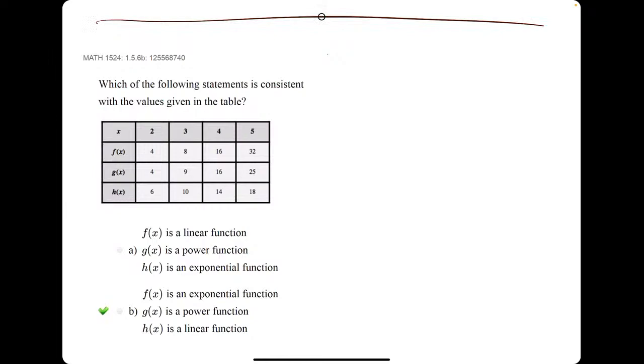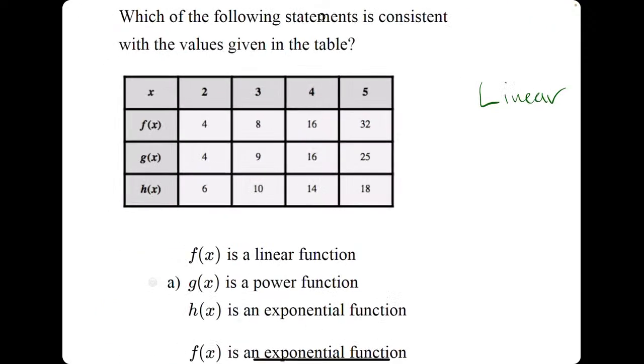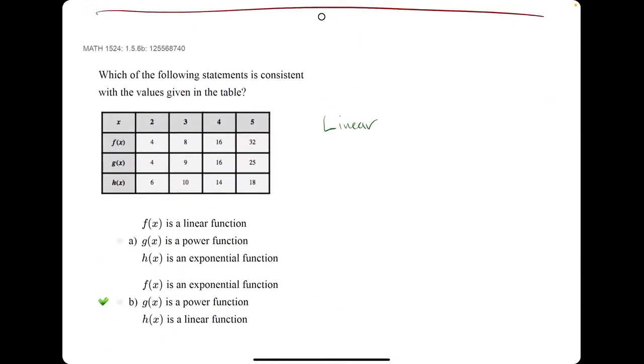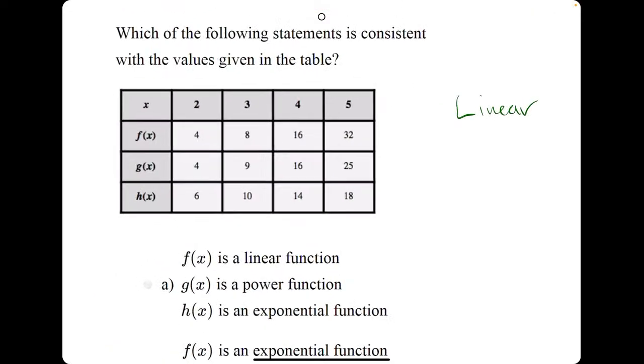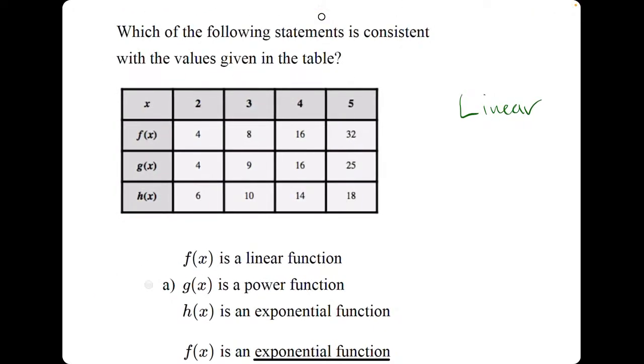All right. The difference between linear, power, and exponential. Linear grows at a constant rate. So linear has a constant slope, which in terms of this chart, we would look for the function values for which you're adding the same amount each time to get from one number to the next.